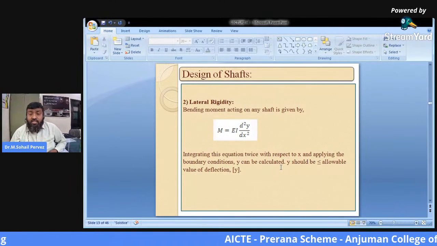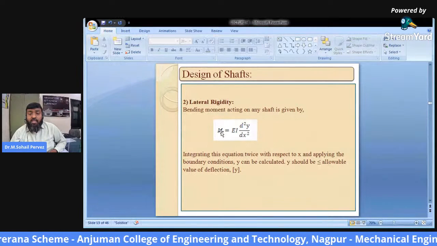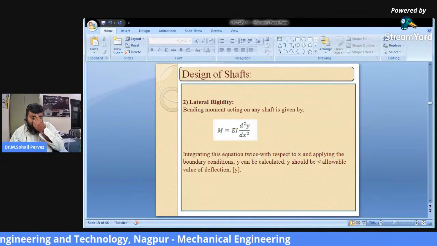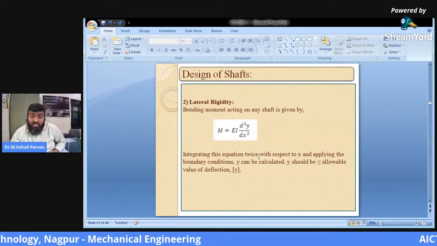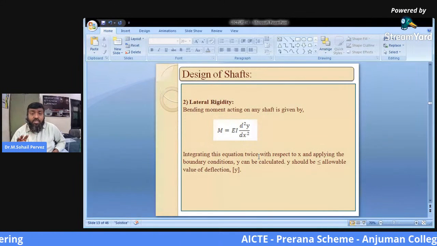So we have to design it based on the deflection formula. That's why M by EI is equal to d2y by dx square. This is the basic deflection formula for a beam, because for lateral rigidity we are considering the shaft to be a simply supported beam.